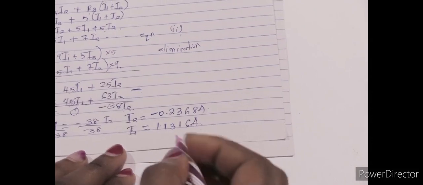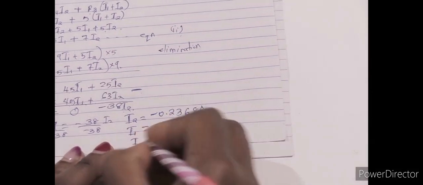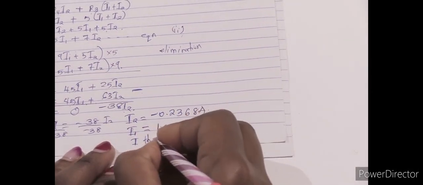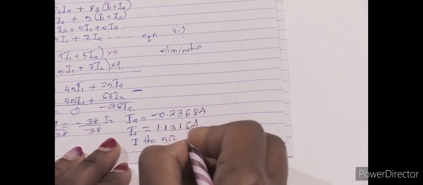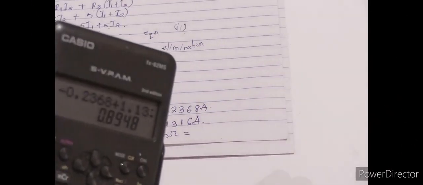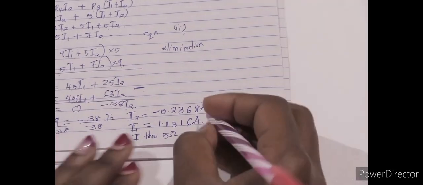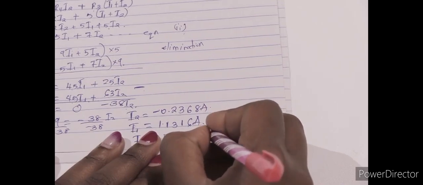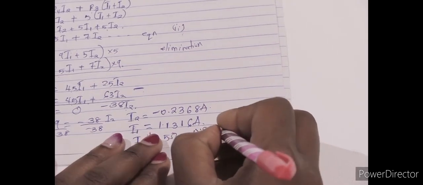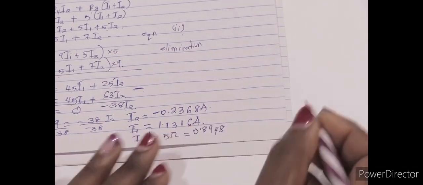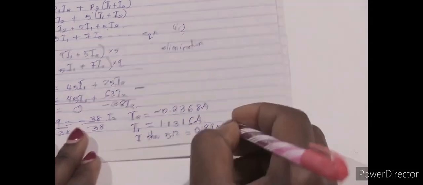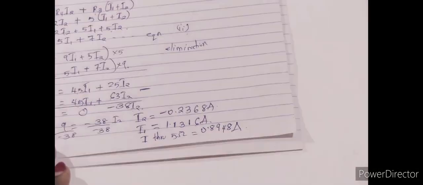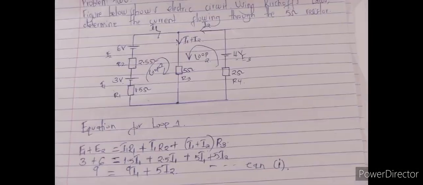Therefore the current through the 5 ohm is equal to 0.8948. And that is all.